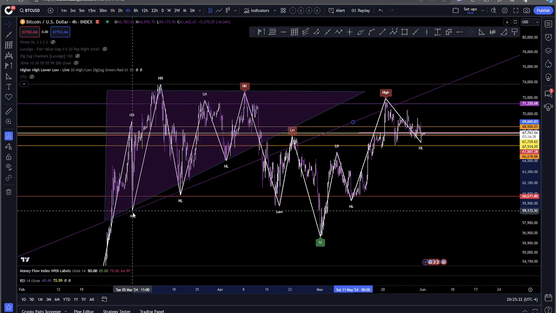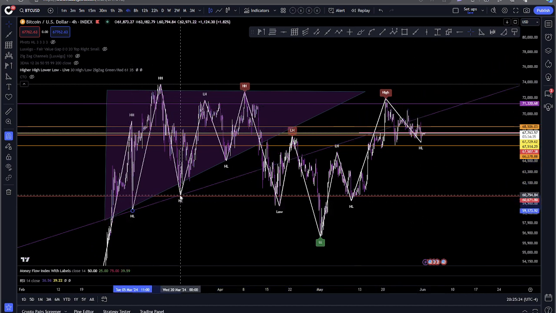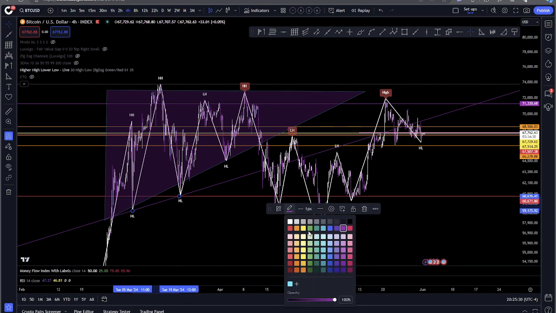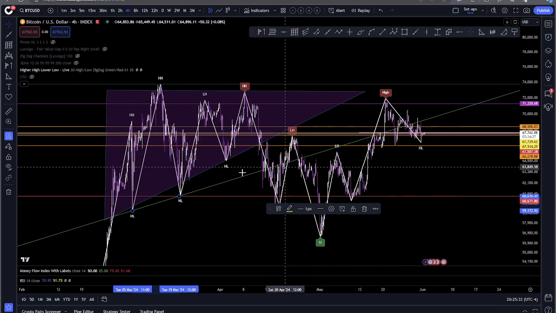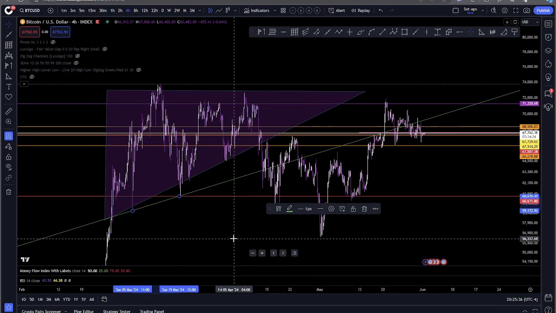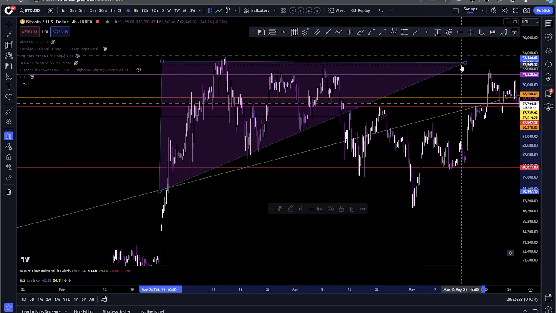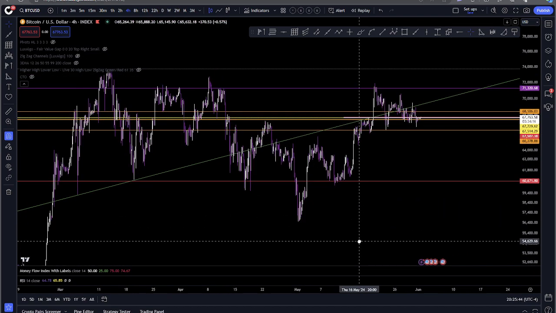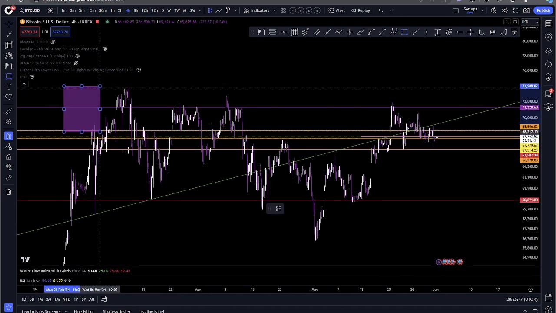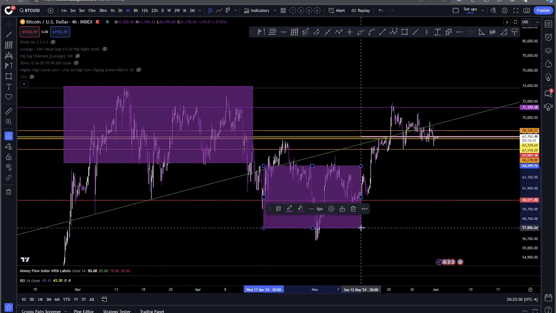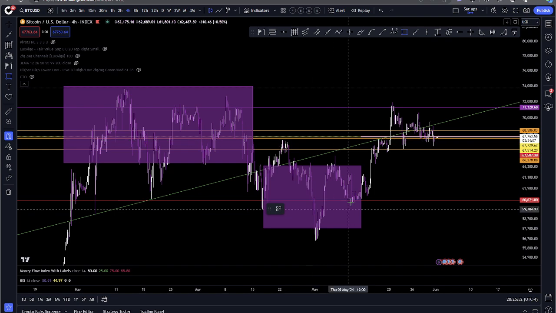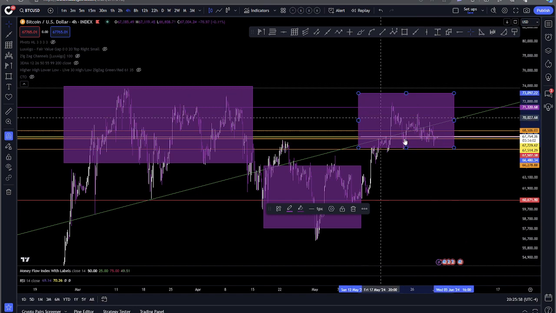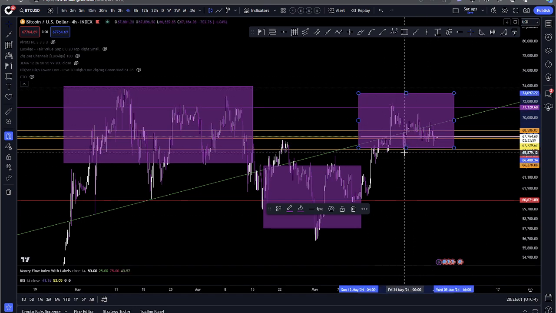Go ahead and do 1 touch, 2 touches, that's it. 4 hours are green for me. In my 4 hours, I have 1 contraction phase here, 2 contraction phase here. So we have trend down, contraction phase, trend up, contraction phase, and our last contraction phase. So our main focus in 4 hours will be here.